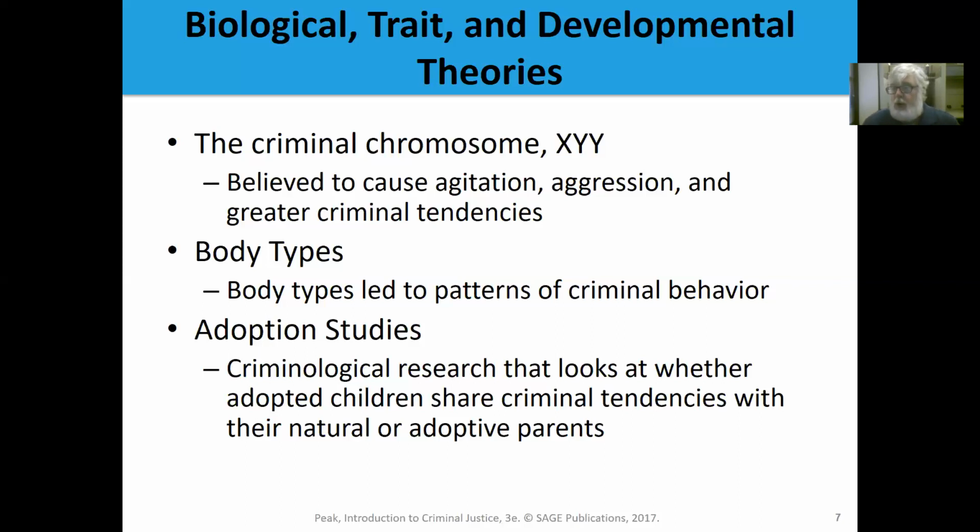So if you take someone as an infant and place them in an adoptive home, and their biological parent commits certain types of crimes, and you see the child committing the same types of crimes later in life, but the adoptive parents are straight and narrow folks, you might suggest that maybe there's a biological component. At the same time, if the adoptive parents have some criminal behavior, and the child has that criminal behavior and the biological parents don't, maybe you say they learned that behavior.